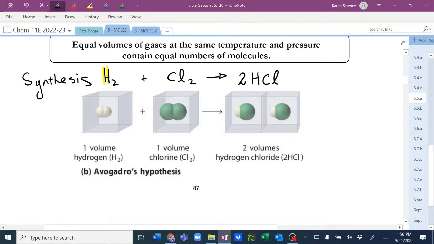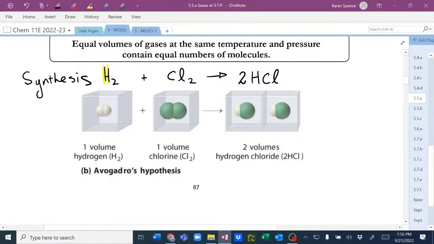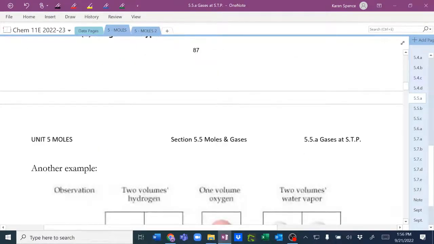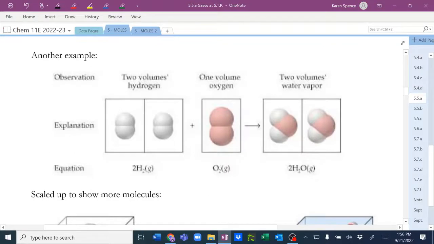And the reason this works is because of what we talked about last day, that equal volumes contain equal numbers of moles. It doesn't matter what the gas is, okay? So if you end up with twice as many particles, you will end up with twice the volume. Here's just another little picture, because I love pictures. I feel like they make it more meaningful.